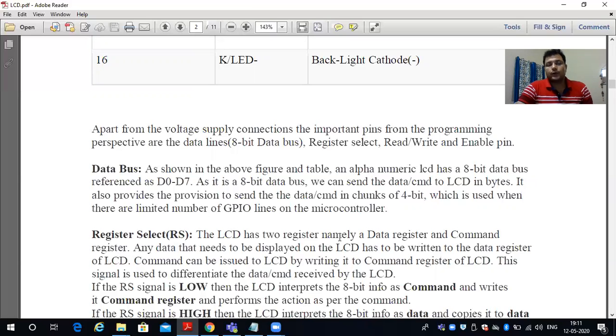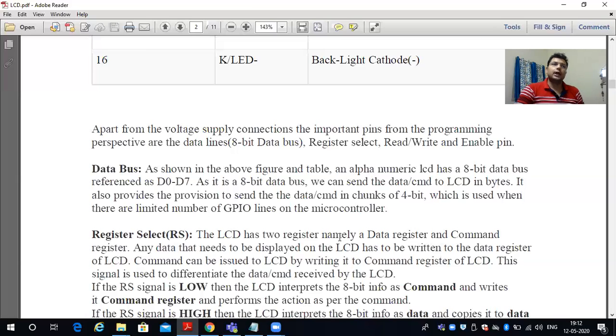Now in our experiments, we will use the 4-bit mode of operation. There are 2 modes in which LCD display can be used. One is the 8-bit mode and another one is the 4-bit mode. If we use the 8-bit mode, then we need 8 data lines, and those 8 data lines should be connected to 8 pins of our core.